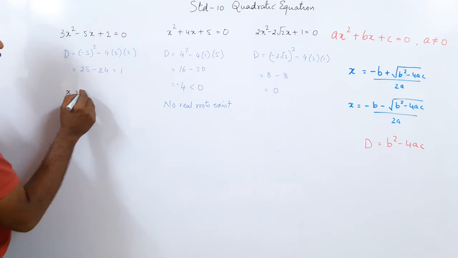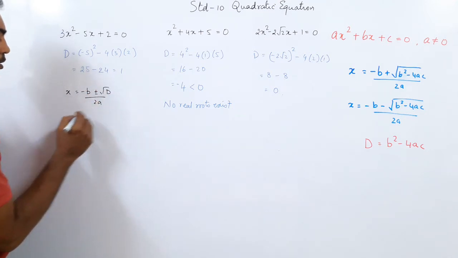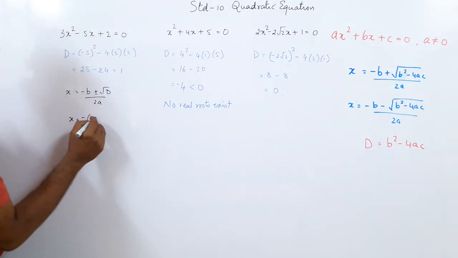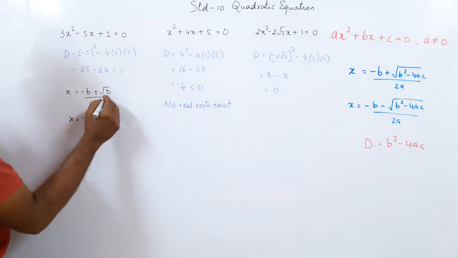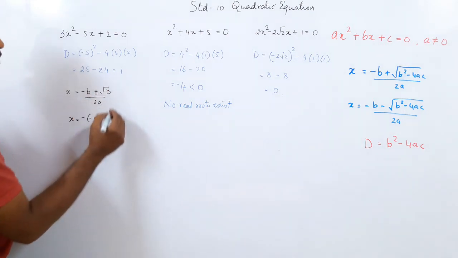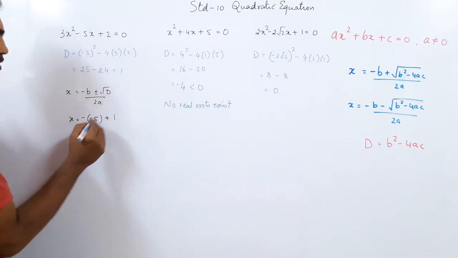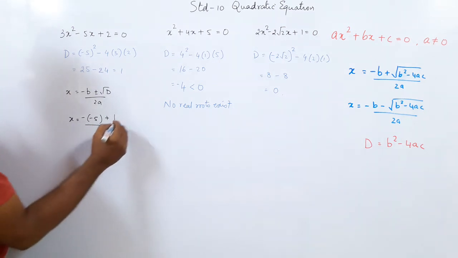x is equal to minus b plus minus root D upon 2a. So x is equal to minus b. So we write minus of minus 5. b is minus 5. Don't forget the sign. We write plus. First we'll take the positive root plus D. So we'll write plus 1. And root of 1 is 1 upon 2a. a is 3. So 3 2s are 6.